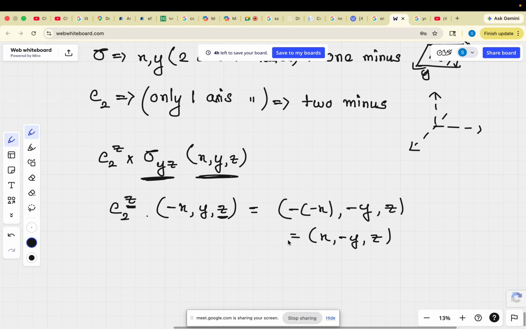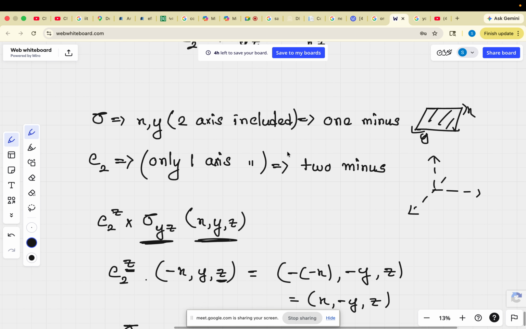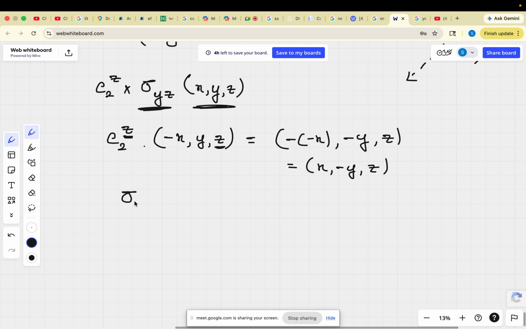Okay, that ultimately you will get. So C2 cross sigma yz of x y z, you are getting x, minus y, z. Now apply here. See what we have found here, that C2 into yz is equal to sigma xz, right? So suppose you have sigma xz and you are applying on xyz, so that will be equal to sigma xz.